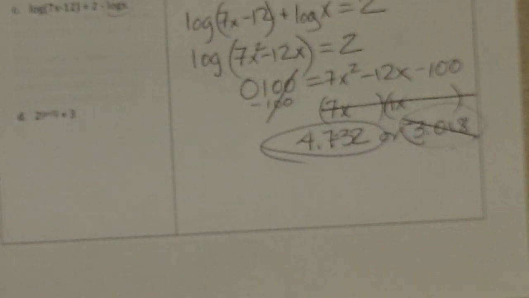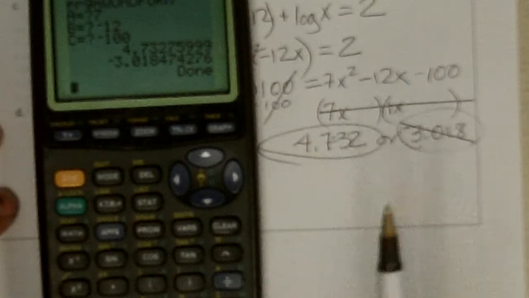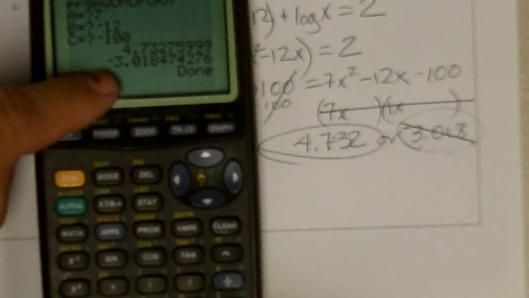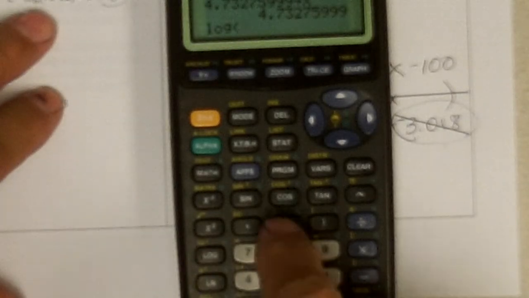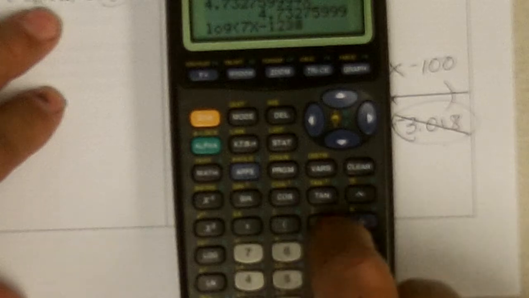And you could check that by putting, let's do that. I'll type that number, 4.73275999. Store X. And now we'll do log of 7x minus 12, and that's that number.